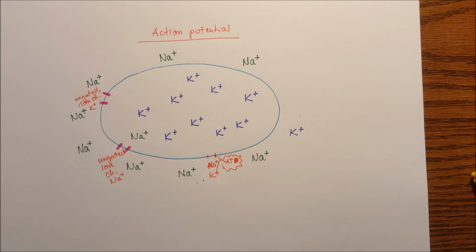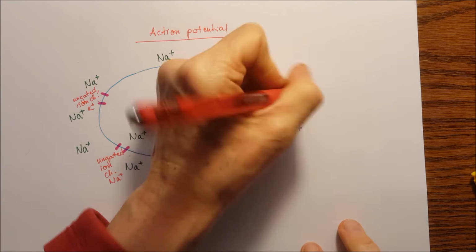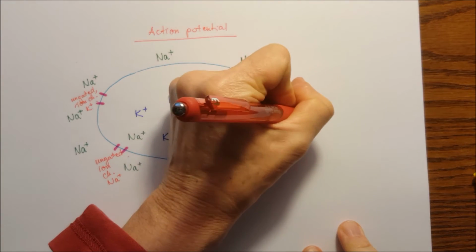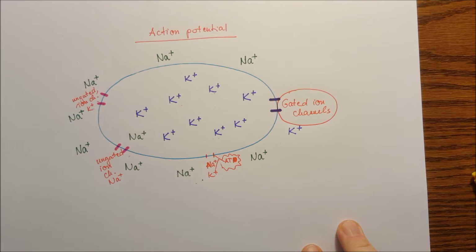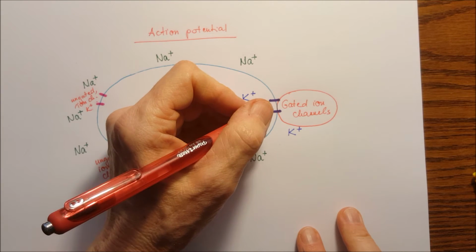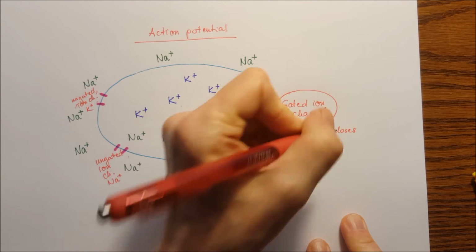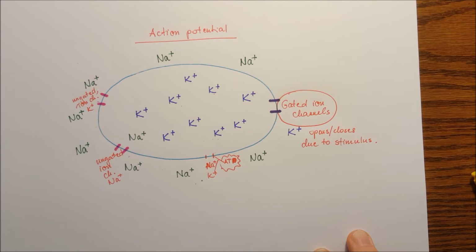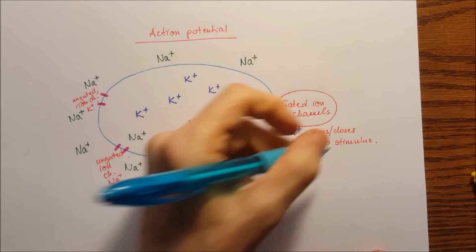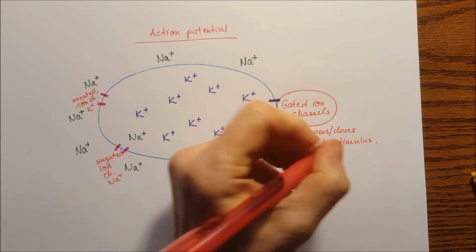Now, additional to that, we have gated ion channels, which open or close in response to stimuli and alter the membrane potential. So open or close is due to different stimulus and alters the membrane potential. That is really the point.